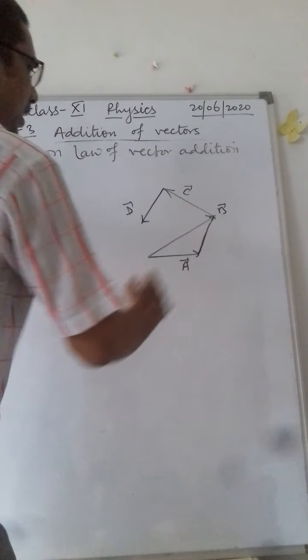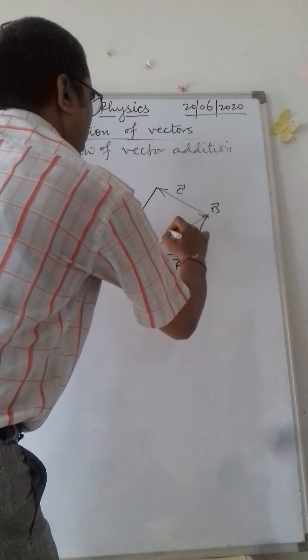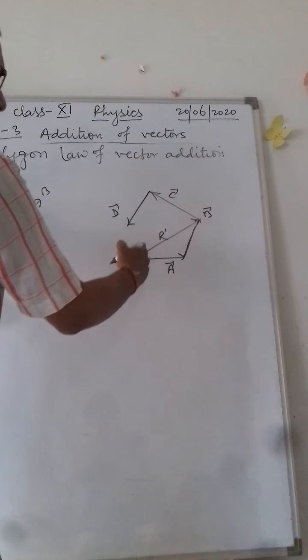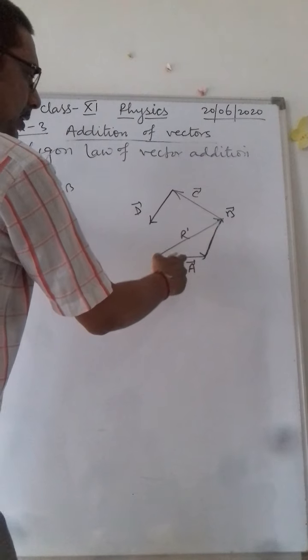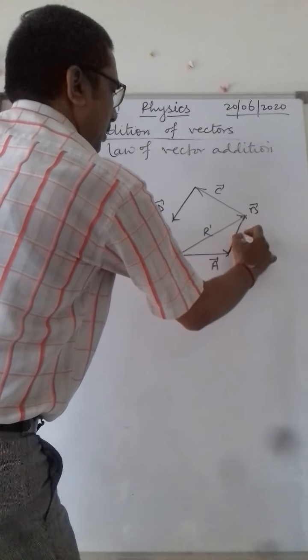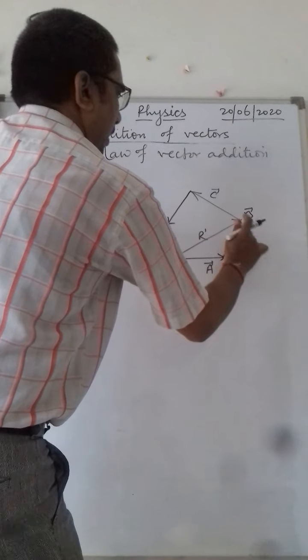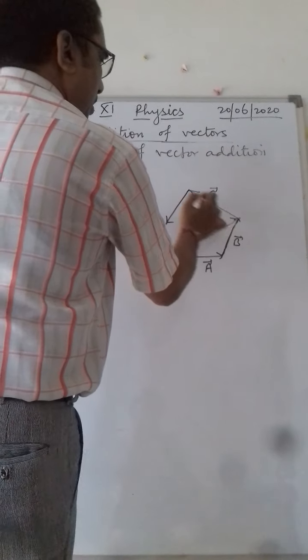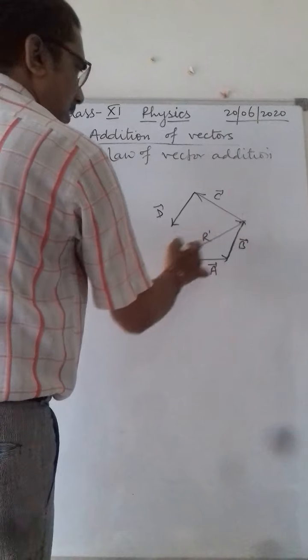We connect it here as R dash. This R dash indicates the resultant of vectors A and B.